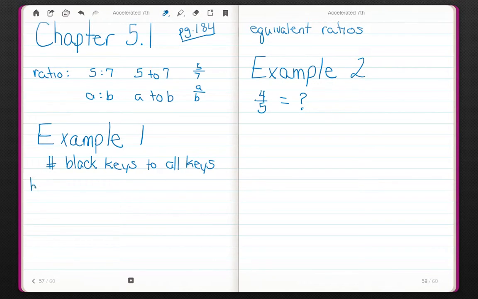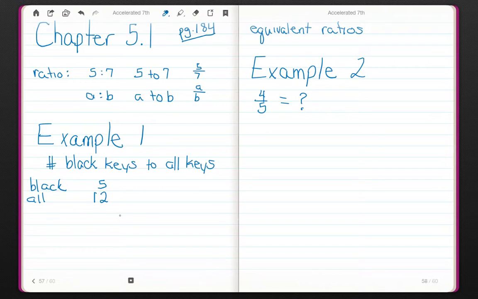So the quantity that is written first in your ratio is always going to go first. And I know that there are 5 black keys, and there are a total of 12 keys altogether.